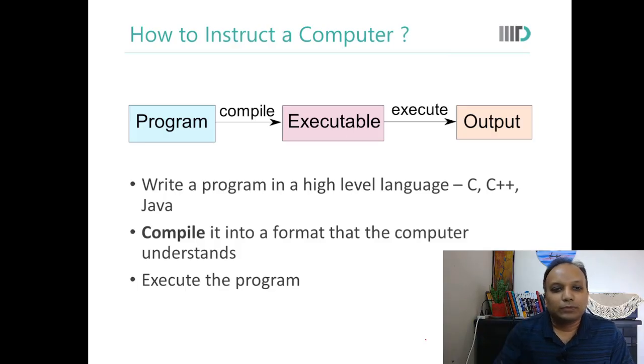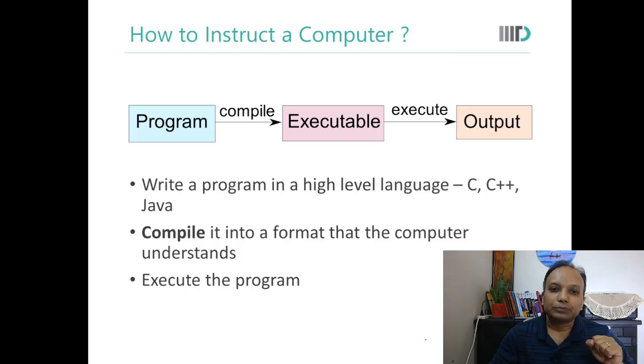The compiler compiles the code and provides a binary which the hardware can execute, and then the processor executes those instructions and gives you an output. All right, this is how a computer executes a program.